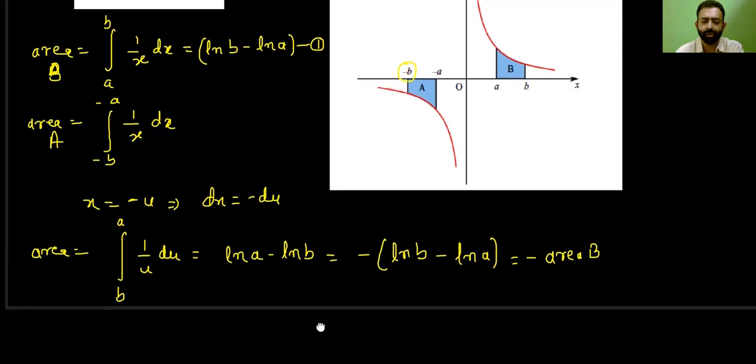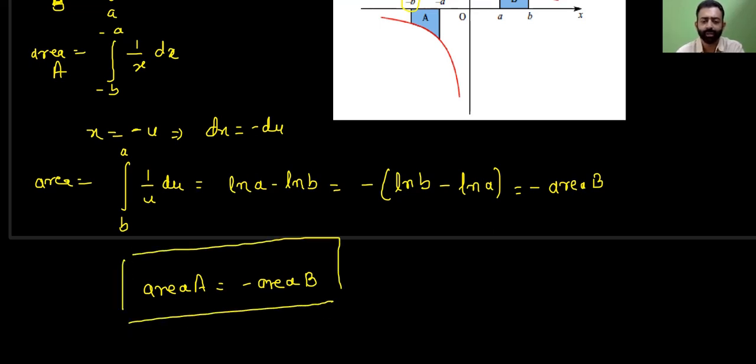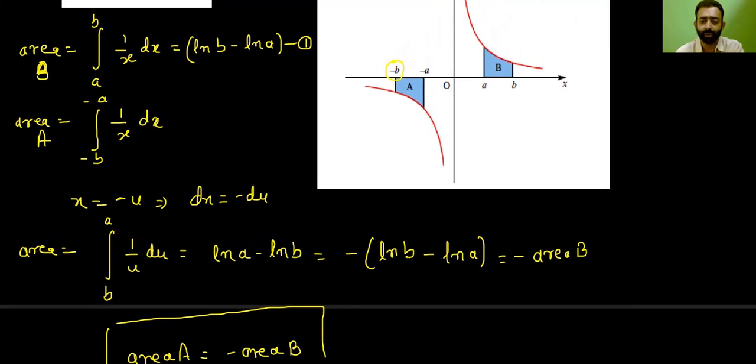So now we have the equation that area A is equal to minus area B. What you can observe is that magnitude wise both the areas are equal, only the difference lies in the sign.